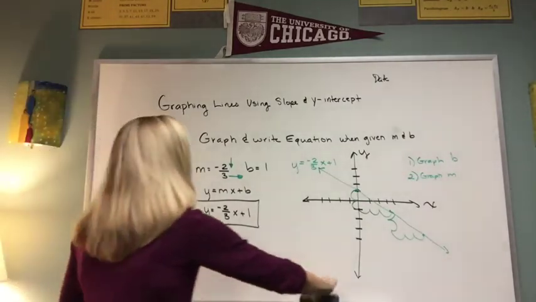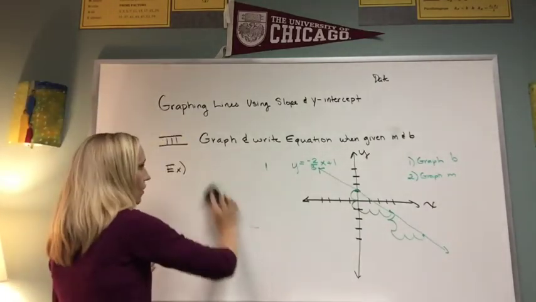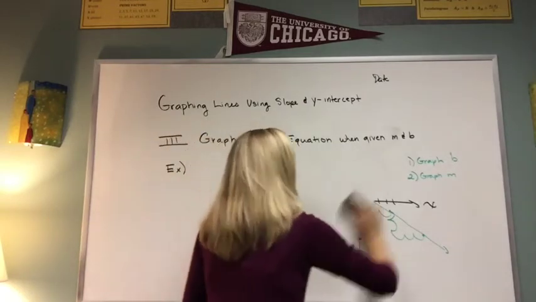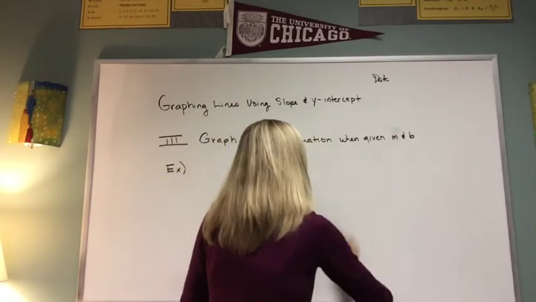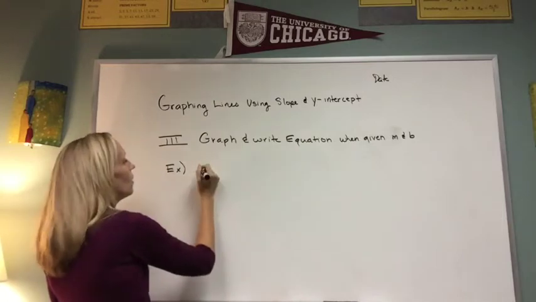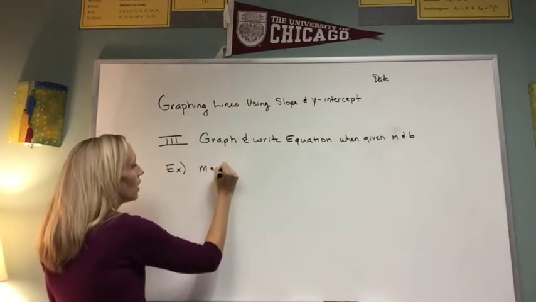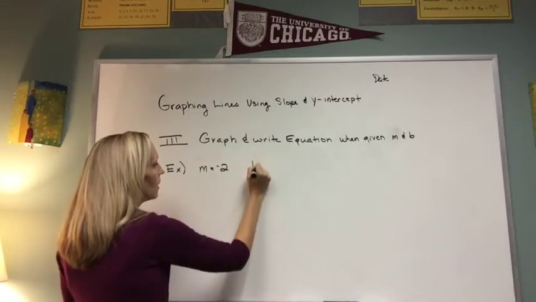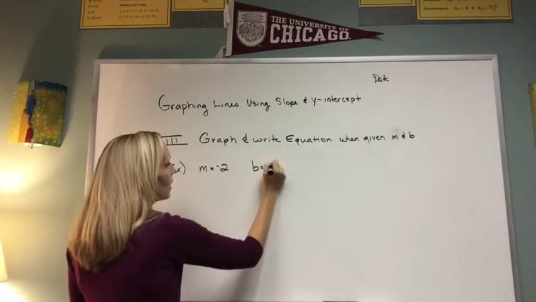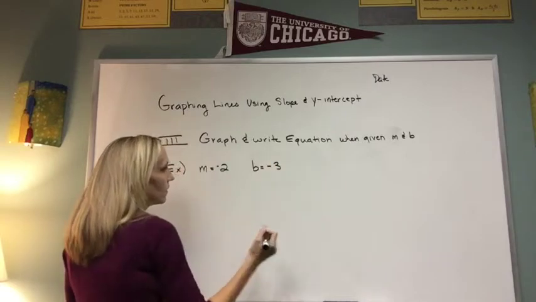Okay, let's do one more. You're going to try it on your own though. So we have a slope of negative 2 and a y-intercept of negative 3.